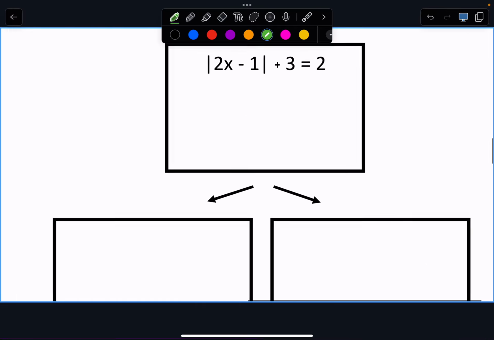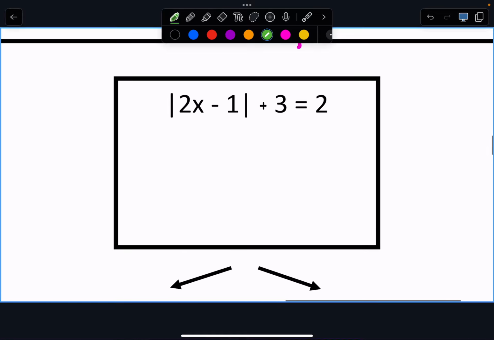All right, let's talk about this one. Okay, now remember, these absolute value signs, they're brick walls. Nothing's getting in. And they don't go away until we break them into two equations. Okay? But nothing's going in or out. What do we do with that 3?